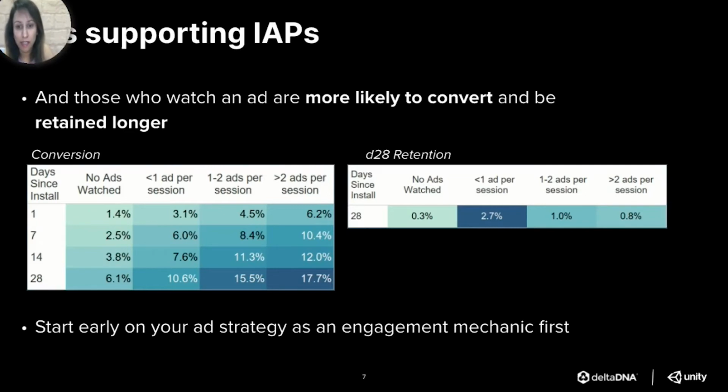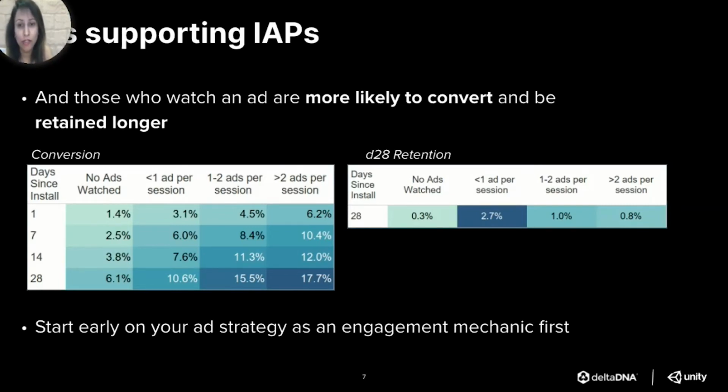With no ads watched, day 28 conversion is about 6.1%, compared to 17.7% for greater than 2 ads watched. So that is 3x in terms of conversion rate, for players that are super engaged with the ads, super engaged with the game, and see the value exchange between ads and in-app purchase improving their gameplay dramatically.